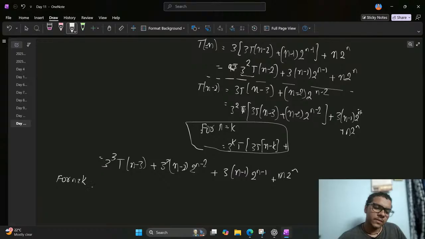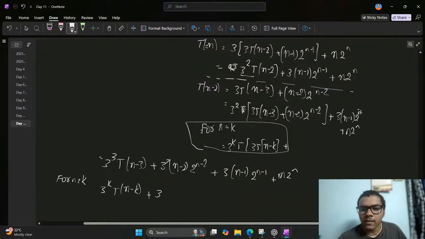For n equals k, you get 3 power k T(n-k) plus 3 square, and it will be (k-1)... (n-k-1)·2^(n-k-1) plus 3 power k minus 2.